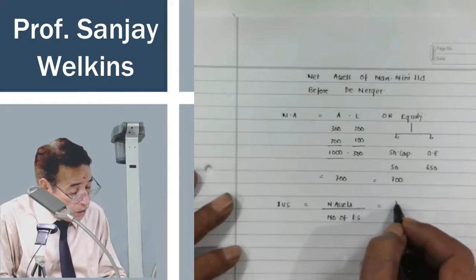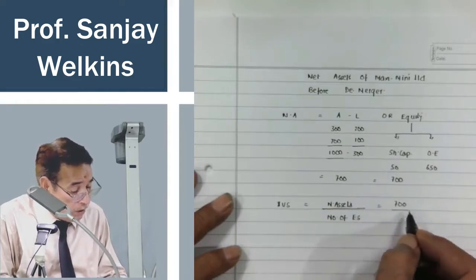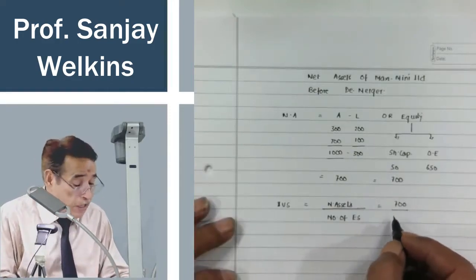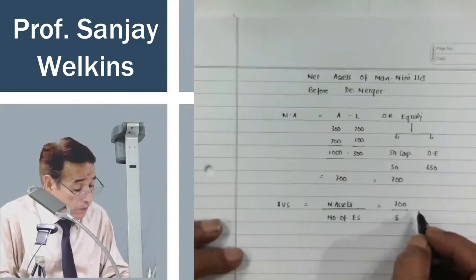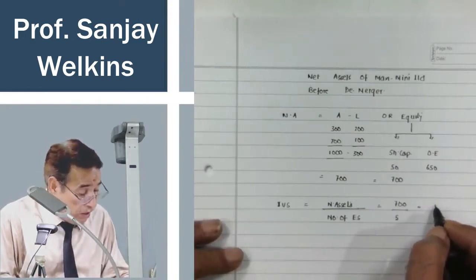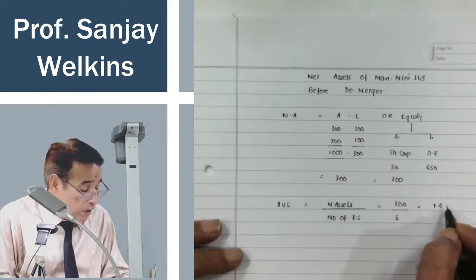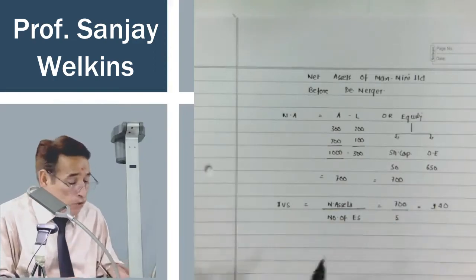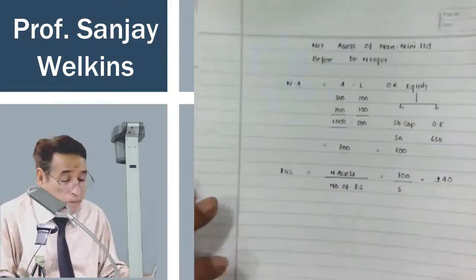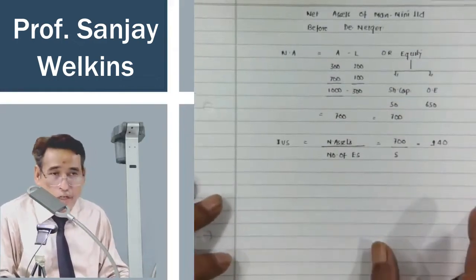Now net assets prior to merger is equal to 700, and since we have 50 crores and one share is of 10, I will say 5 crore shares are there. So 700 divided by 5 will give me 140. So that means the value per share prior to merger is 140.